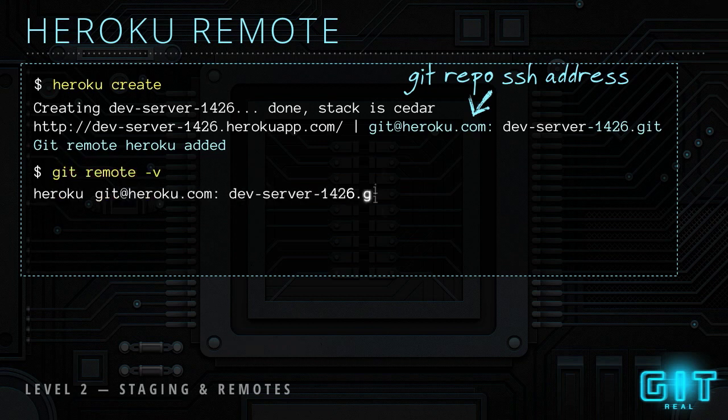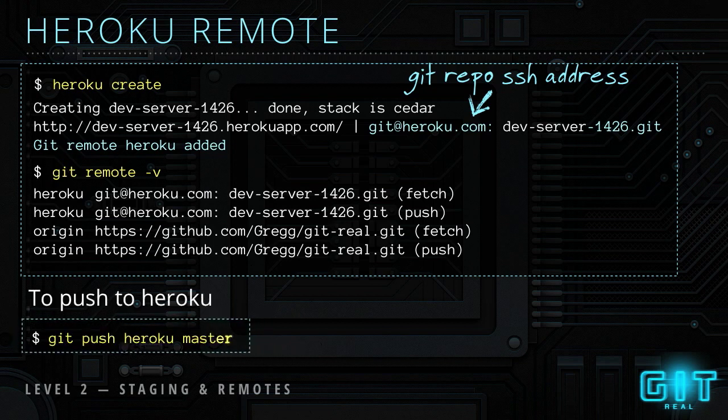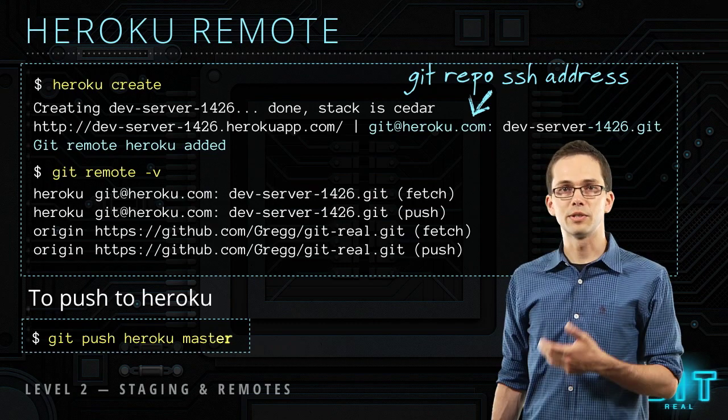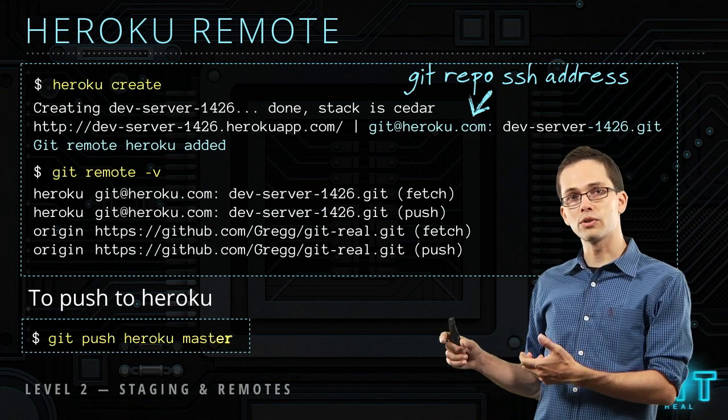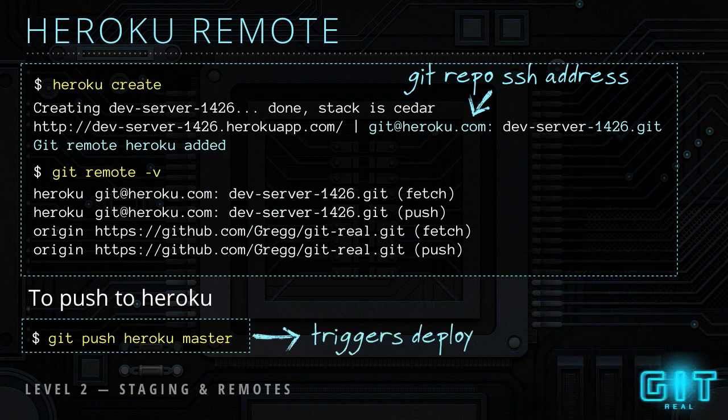As you can see here, Heroku already added a remote for us. It called the remote heroku. And now if we want to push our code to Heroku, we simply write git push heroku master. That's going to push our local repository to Heroku. And when Heroku gets the code, well, it's going to deploy it.